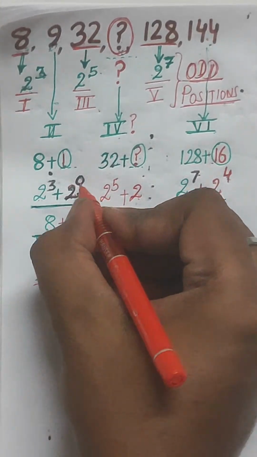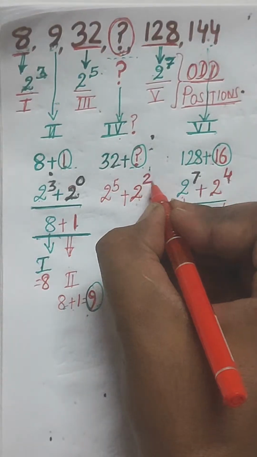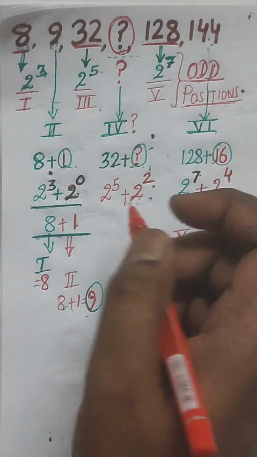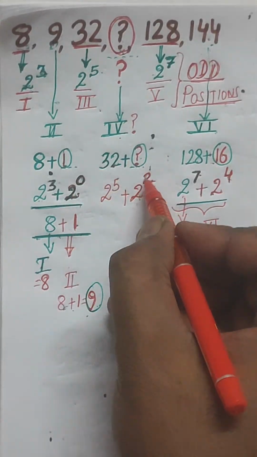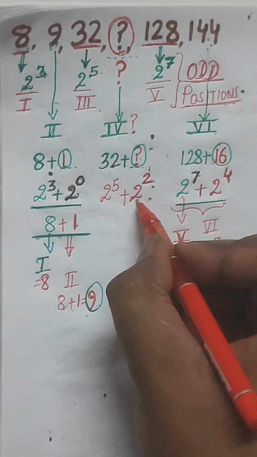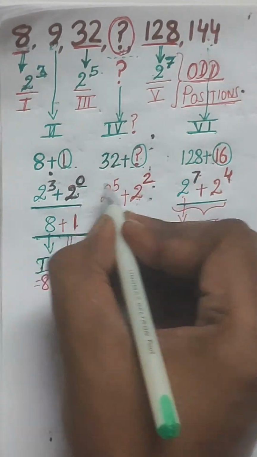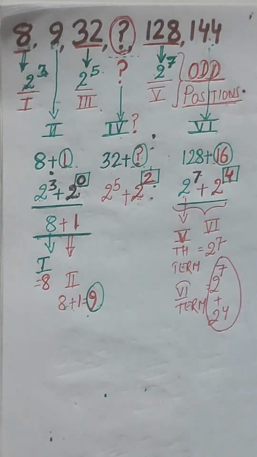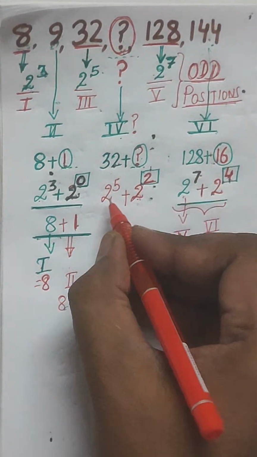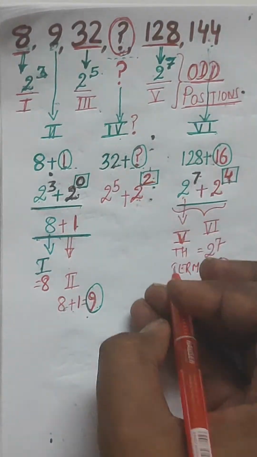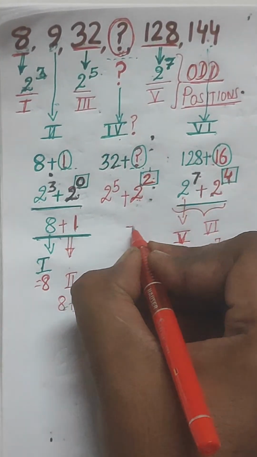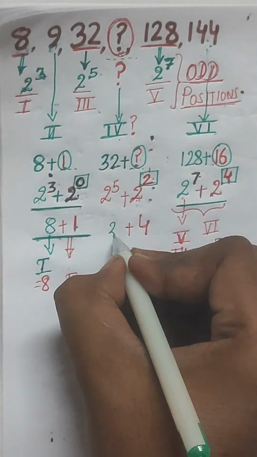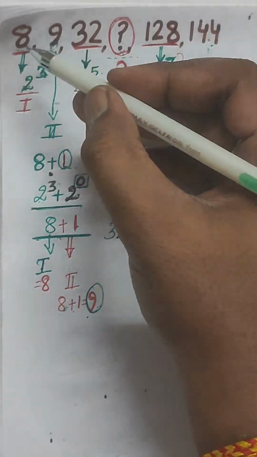So an even sequence is followed, then only it will be symmetrical, right? 0, then plus 2, then plus 2. So the exponents 0, 2 and 4 follow an even sequence, right? So that's why 2 power 2 will be 4, and 2 power 5 is 32, which is the third term, you can see.